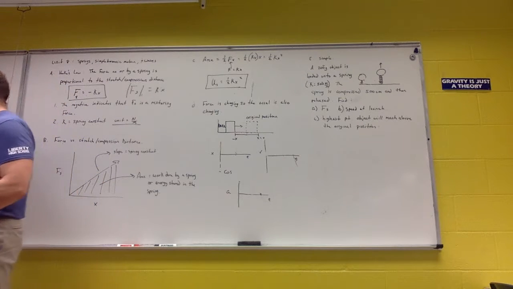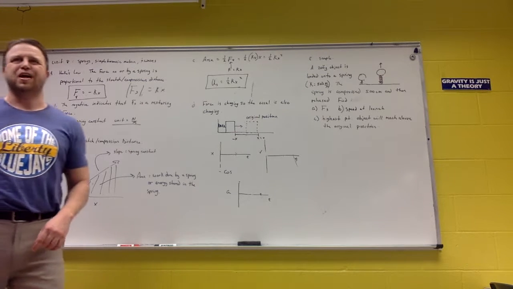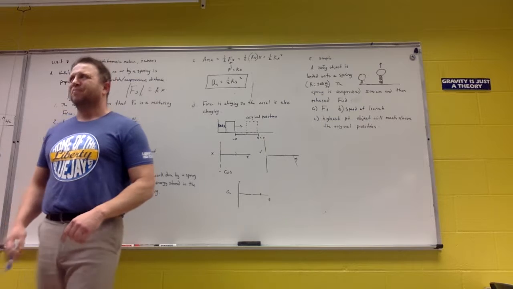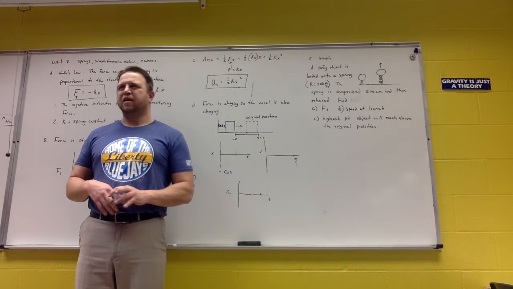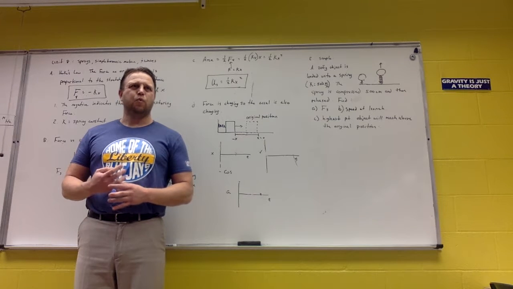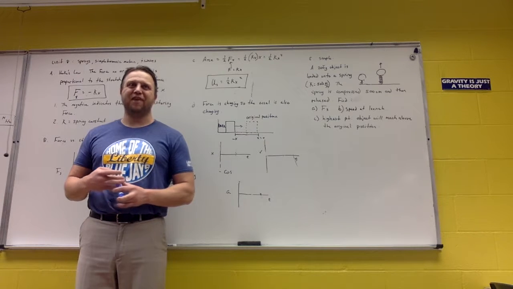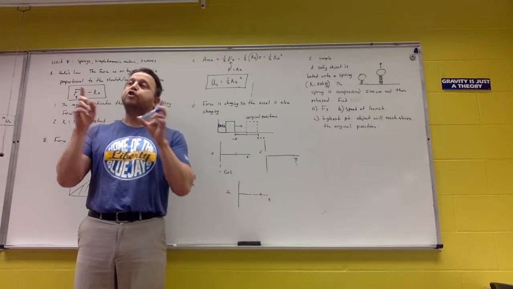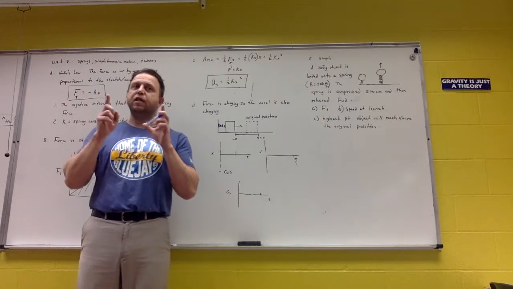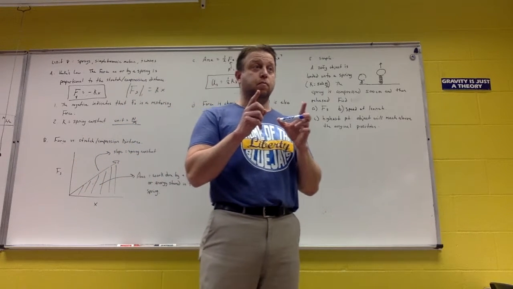Most of your problems, I'm going to give you mass spring systems that are horizontal. That makes it a ton easier. When we get to vertical, we have an extra thing to think about. Yes, it's going up and down, so I've got to factor in gravity. It's not hard, it's just tricky because, remember, gravitational potentials are arbitrary.